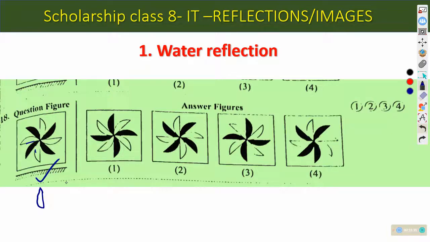This is turned up, which means it will be turned down. So we will see that this will be having black and plain black here, and this will be dark here. That way you have to, at least I could consider two here.